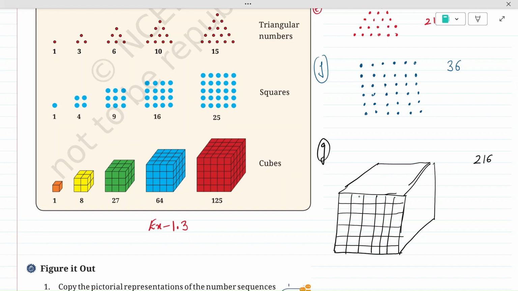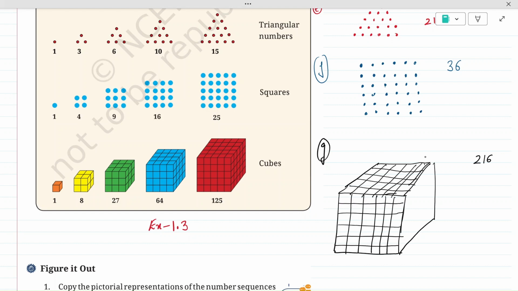Now, since it's a cube, we have to do the same on every side of it. So this will be something like, we have to extend this, 1, 2, 3, 4, and 5. They should be equal. So when you're going to draw this with a scale, it should come out equal. 1, 2, 3, 4, and 5.